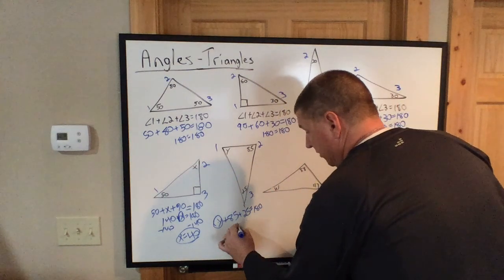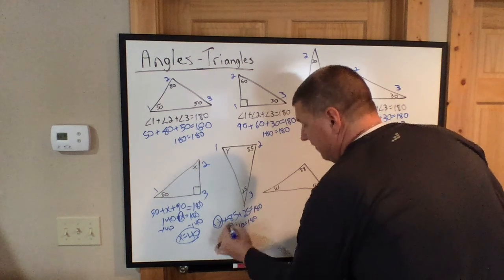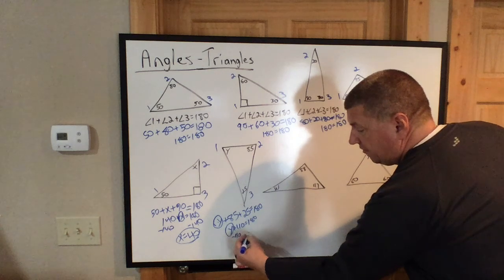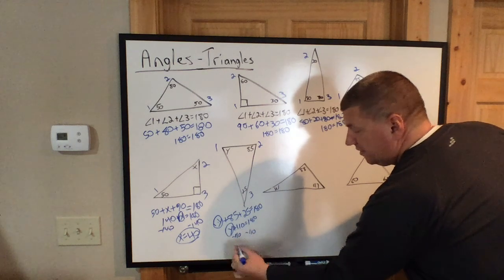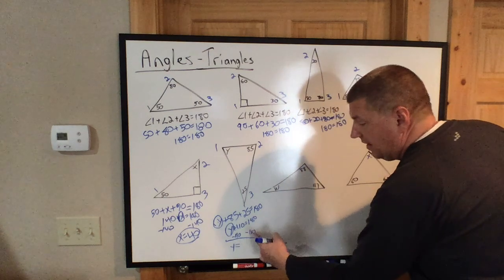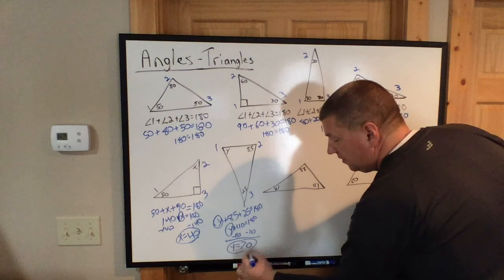So Y plus 110 equals 180. There's my variable. Subtract the 110 from both sides. I get Y equals 180 minus 110, which is a 70-degree angle.